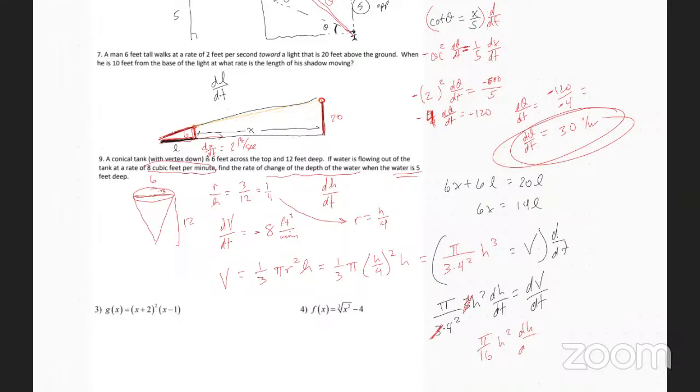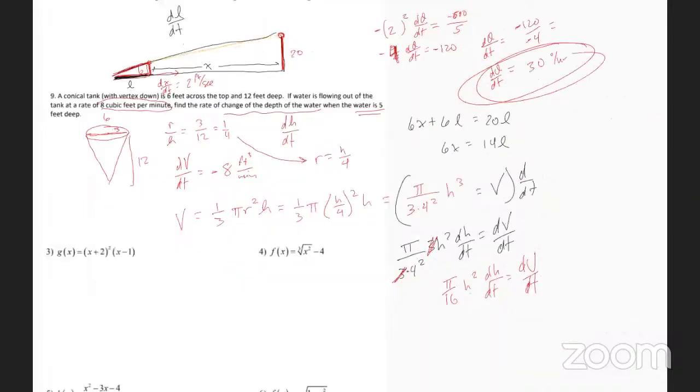It says when the water is 5 feet deep. So if the height is 5, I'm plugging in 5 for the h. So 25 pi over 16 dH/dt equals dV/dt, which they said was 8.